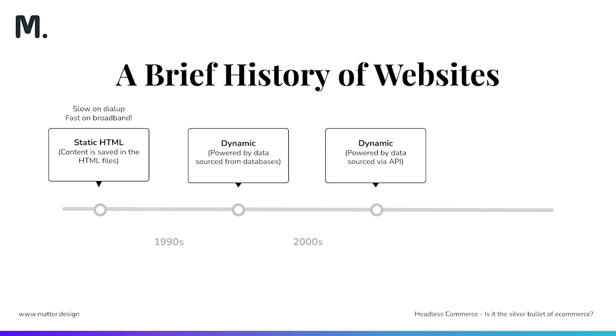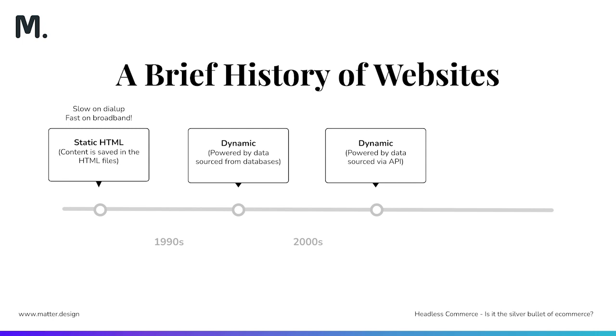And so this has seen more and more functionality built into websites, more services built so that users can get more information through a website, and it's really accelerated the way that websites provide a service to the end user.